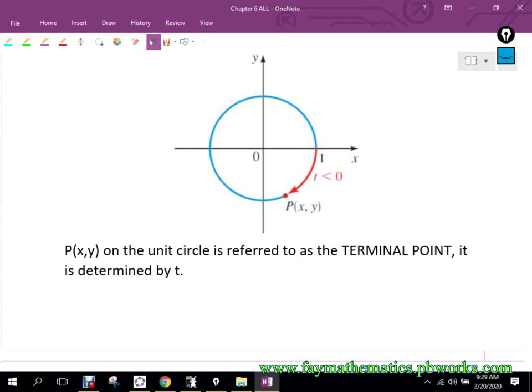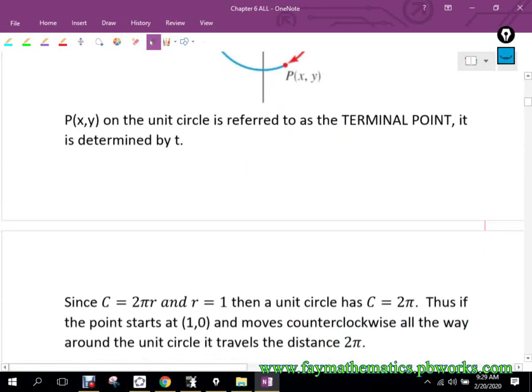And I have to talk about it that way. Does that make sense? So it's just easier, I believe, to talk about it as a terminal point at the end of an arc than as a terminal point at the intersection of an angle ray and the circle. Okay. However, when you come to rest, we get our terminal point. That's determined by that t value or the theta that we're going to deal with.